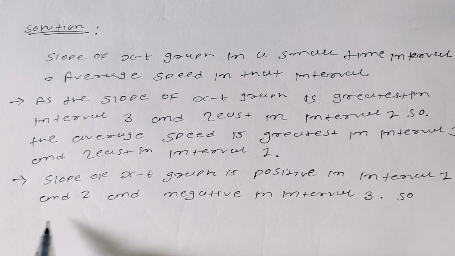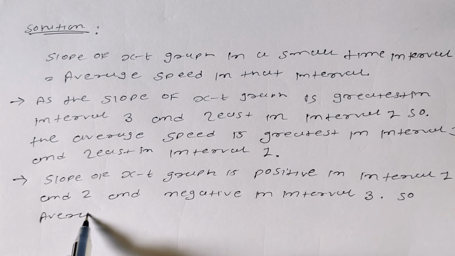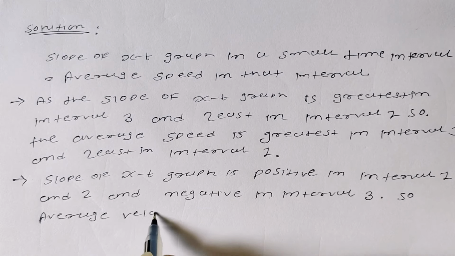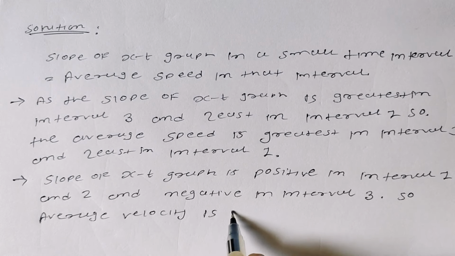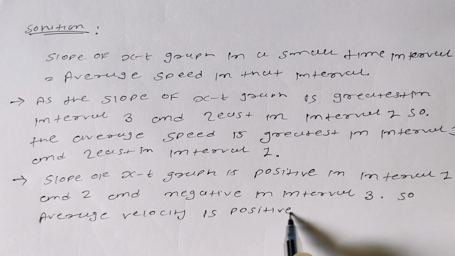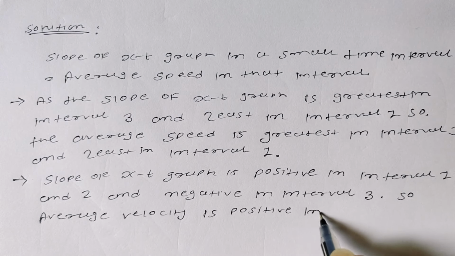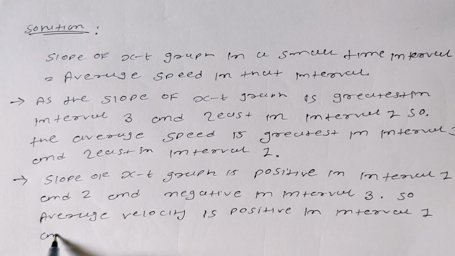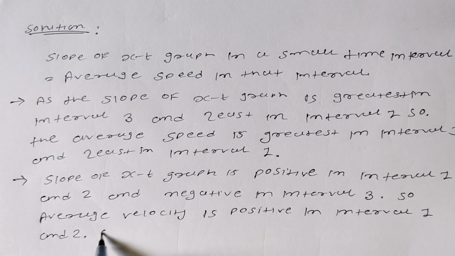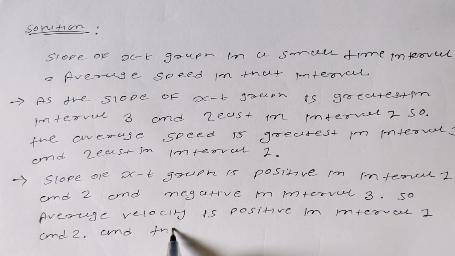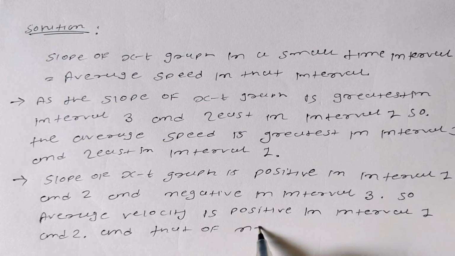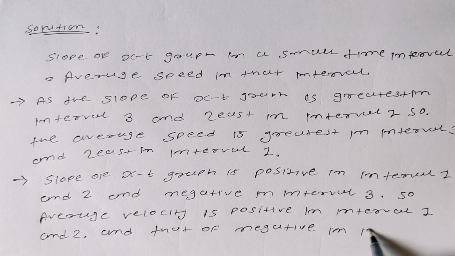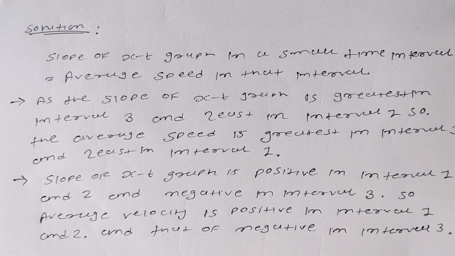So the average velocity is positive in interval 1 and 2, and that of negative in interval 3.